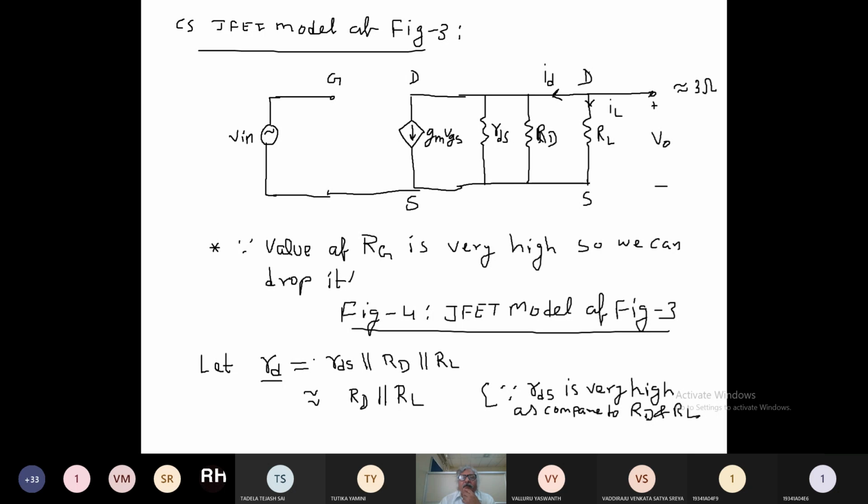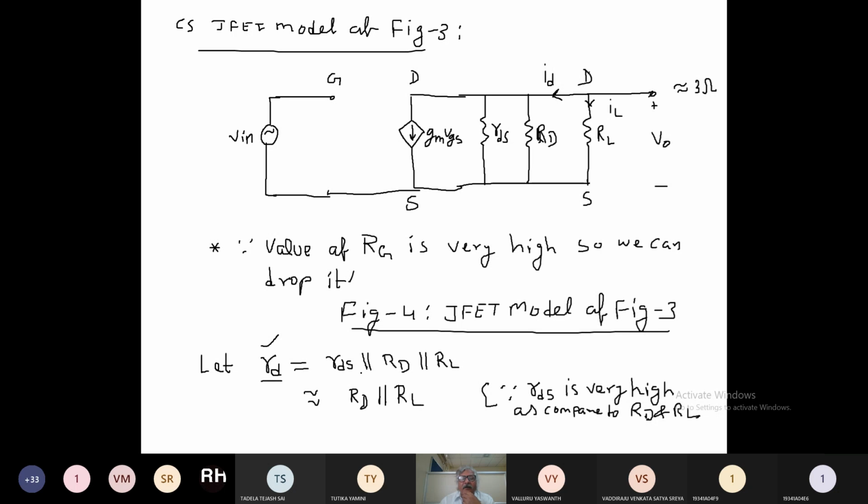So this is your figure number 4, which is shown here. Now RDS, RD and RL, you can see these are connected in parallel. So I have given a new name to this RD. This is equal to RDS parallel to RD parallel to RL.